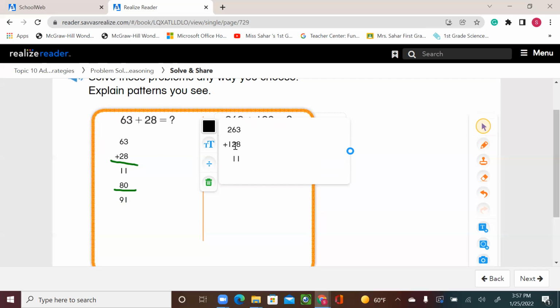Then 2 tens and 6 tens, 20 and 60 equals 80. And 200 plus 100 equals 300. Okay, so now let's see.